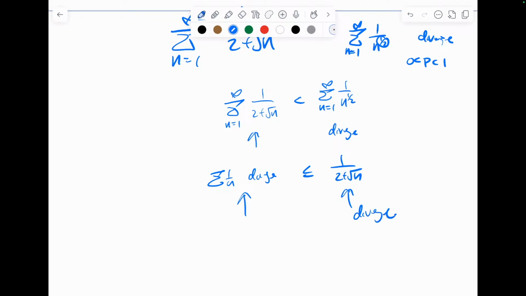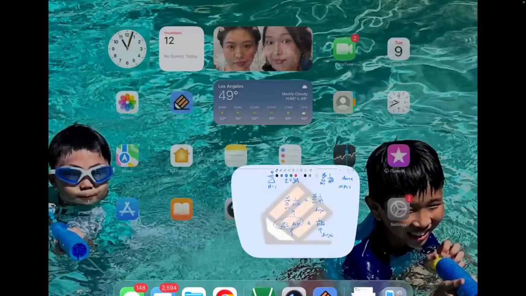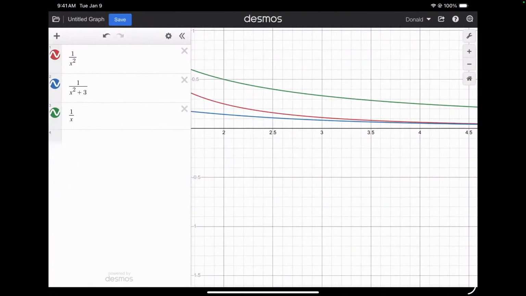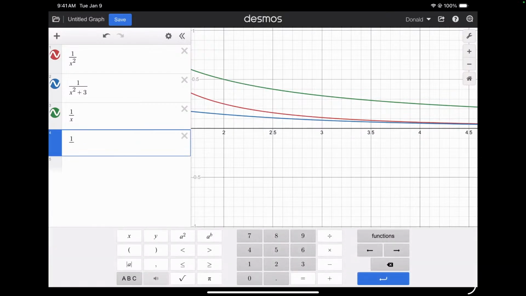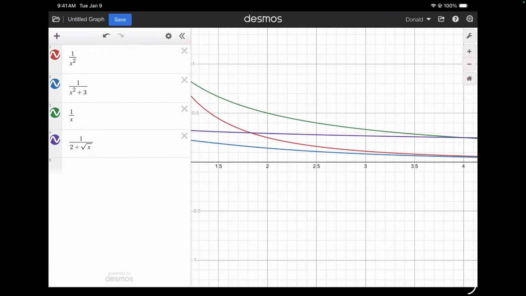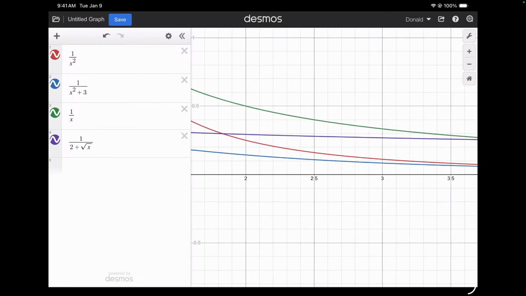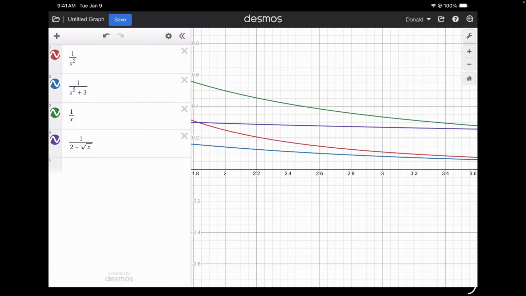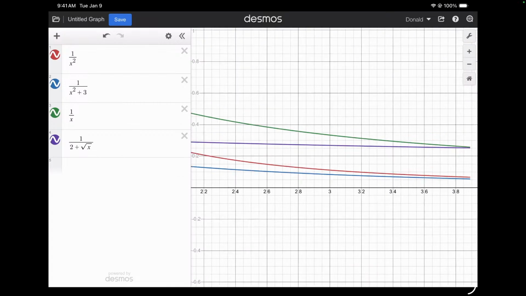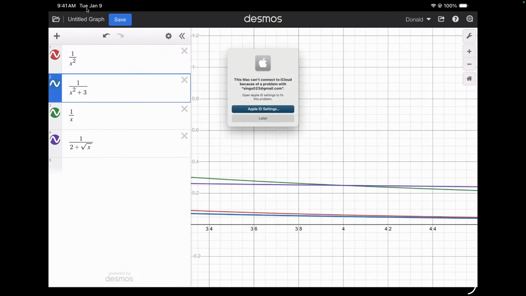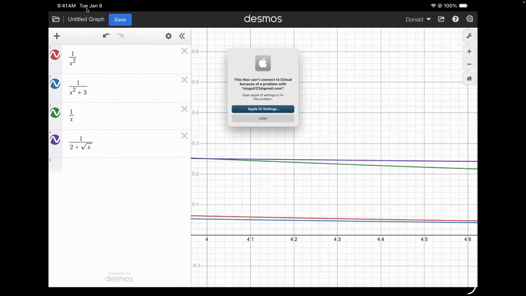Because this one is actually, if you don't want to do it, just think about graphing it, right? So 1 over n, and 1 over 2 plus n. After 1, after 2, the blue and red cross over at 4.